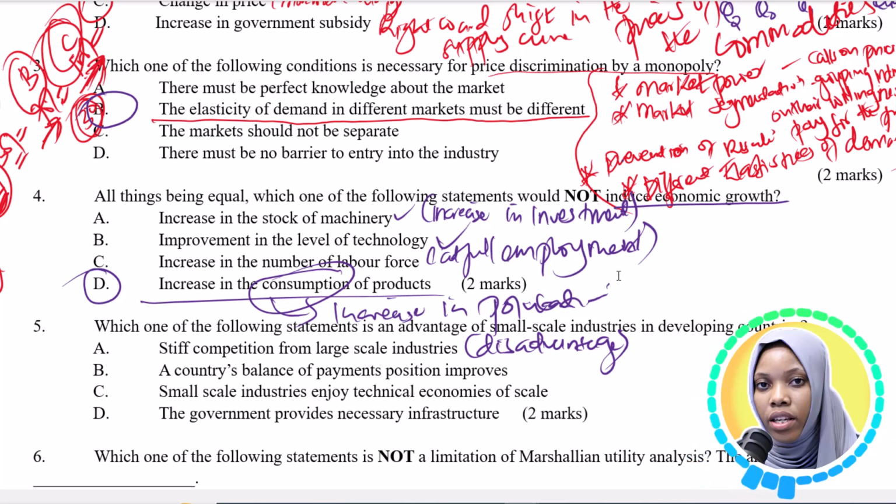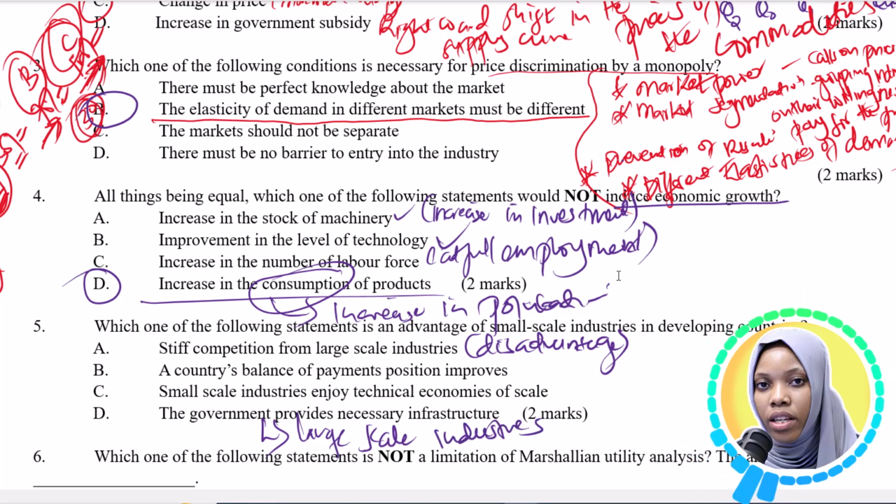Choice B is a country's balance of payments position improves. Choice C is small-scale industries enjoy technical economies of scale. That is not necessarily an advantage. The government provides necessary infrastructure. That is also not an advantage, because this could happen even with large-scale industries.